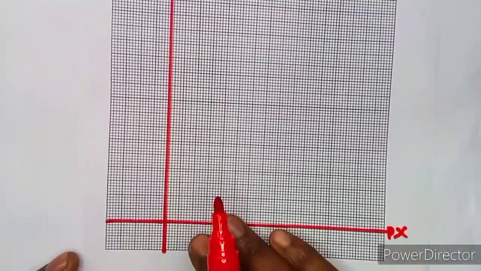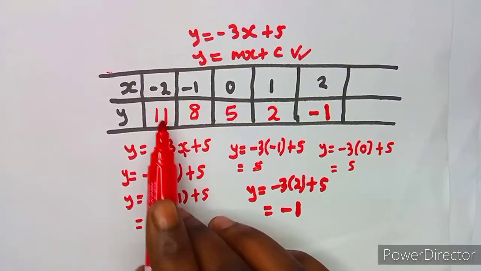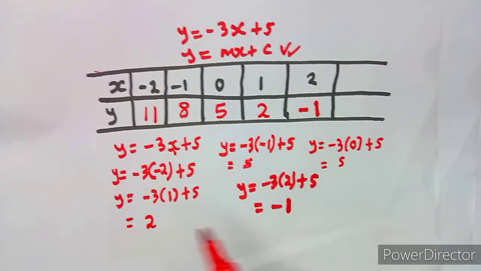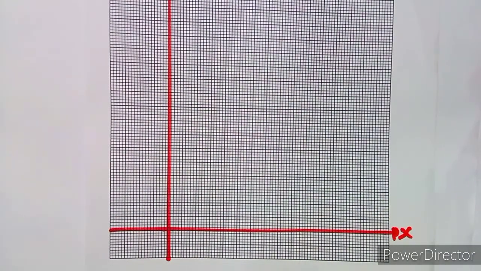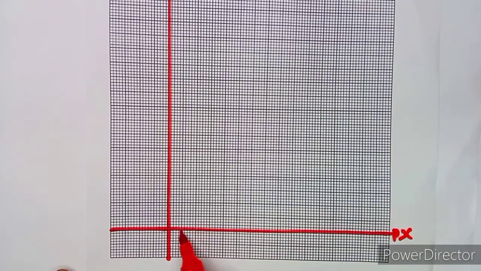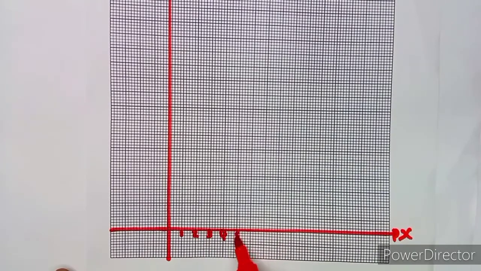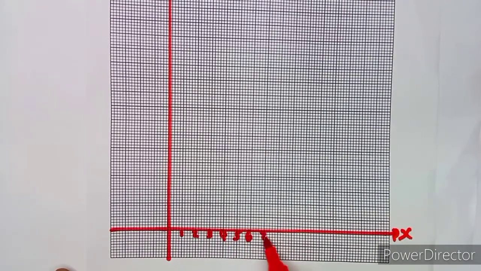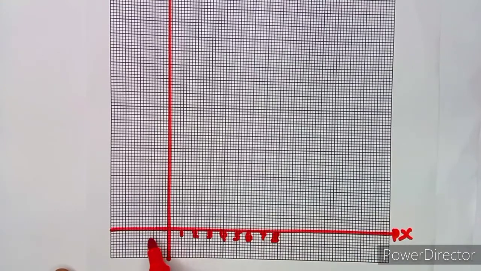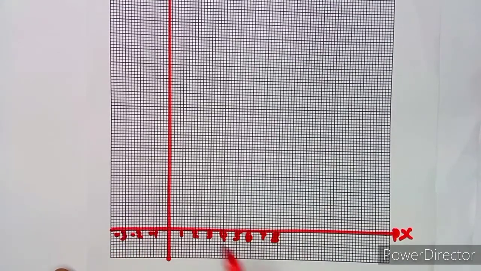All right, so you're going to mark the points, but you need a suitable scale that you're going to use for these points. Okay, so let's just use this scale, guys. Minus 2, we can just use minus 2 and so forth. So this can be 1, 2, 3, 4, 5, 6, 7, 8, which means we're going to have minus 1, minus 2, minus 3, and so forth.